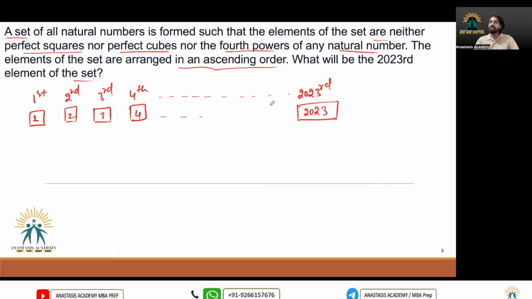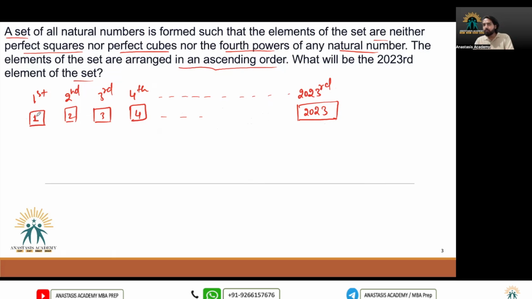Now what is given in this question is that we have to remove all the perfect squares, all the perfect cubes, and all the fourth powers of any natural number. Then we have to find what number comes in this box. For example, 1 is a perfect square.